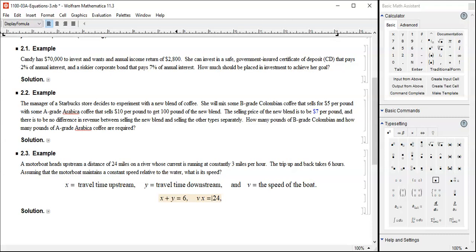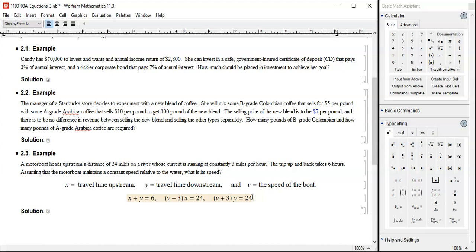Because of the running water, I have to go a little bit slower. Downstream, faster. Downstream is faster. I go 3 miles per hour faster than the speed of the boat. So what do we have? Time, and then speed. We have 3 unknowns, so we need 3 equations.